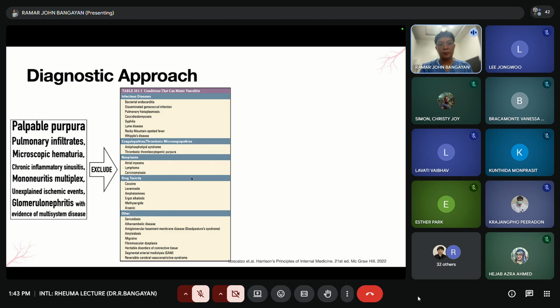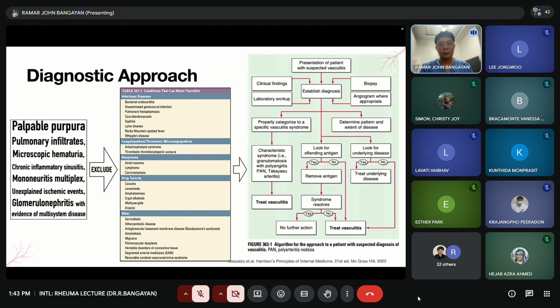Once you rule this out, then you follow this algorithm: you check the clinical findings, you do a laboratory workup if you want to establish a diagnosis of the palpable purpura, and do a biopsy or probably angiogram for patients who had ischemic events, especially in the young population.